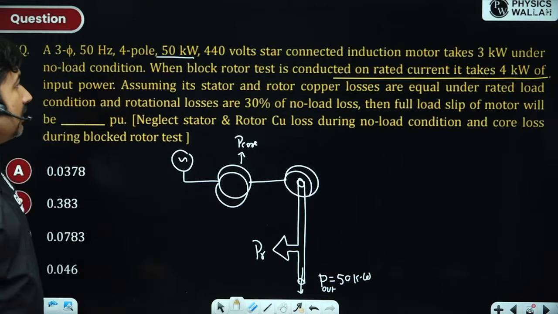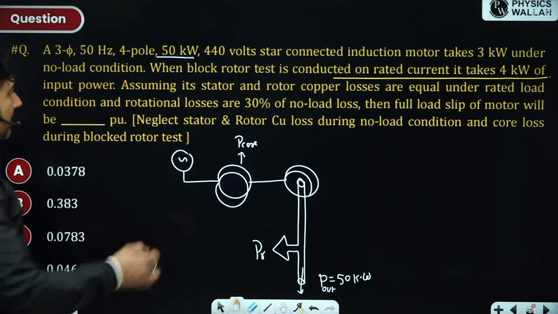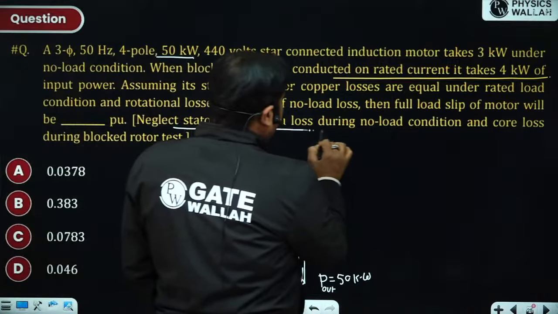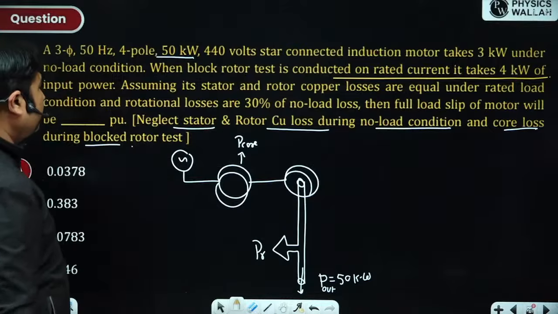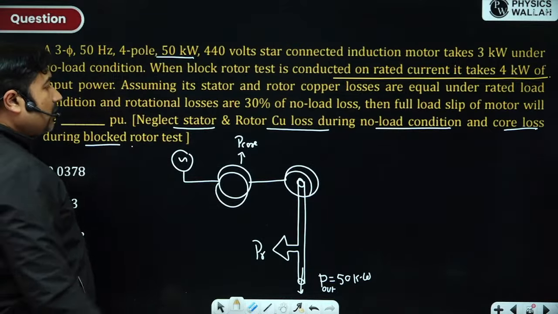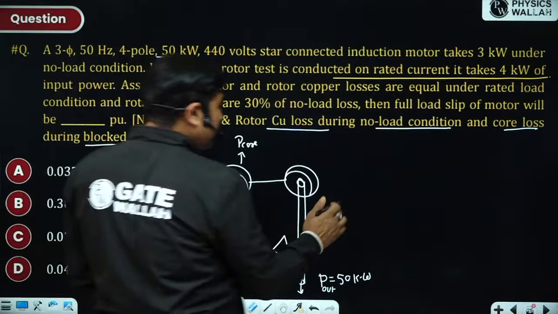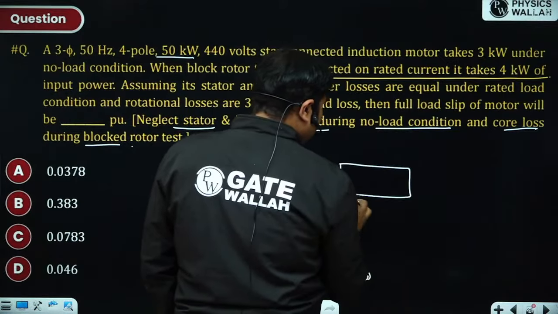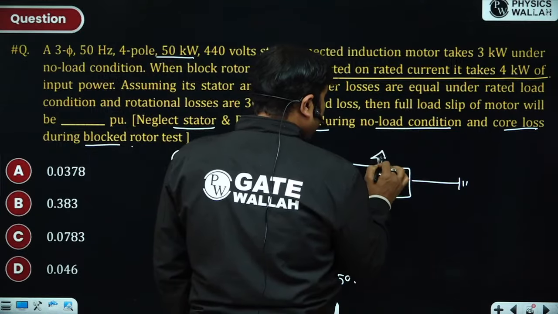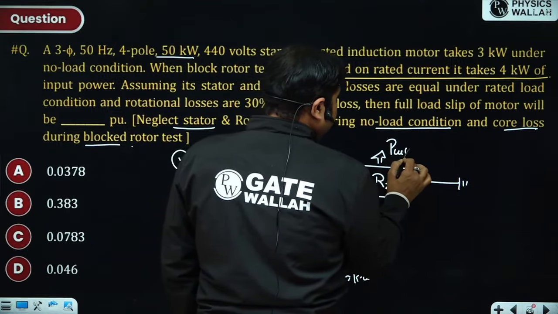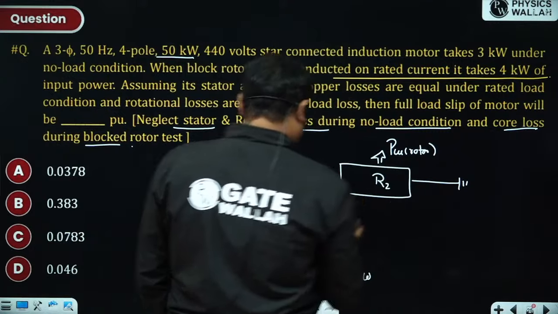It is given that we neglect stator and rotor copper loss during no load, and core loss during block rotor test. So if I neglect stator and rotor copper loss, the no load loss will be equal to core loss and rotational loss only.